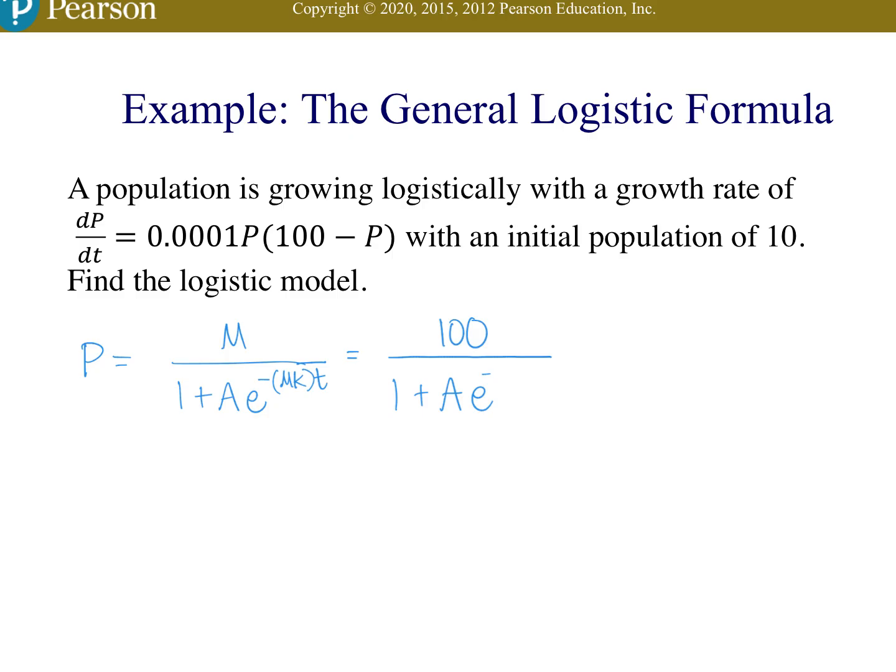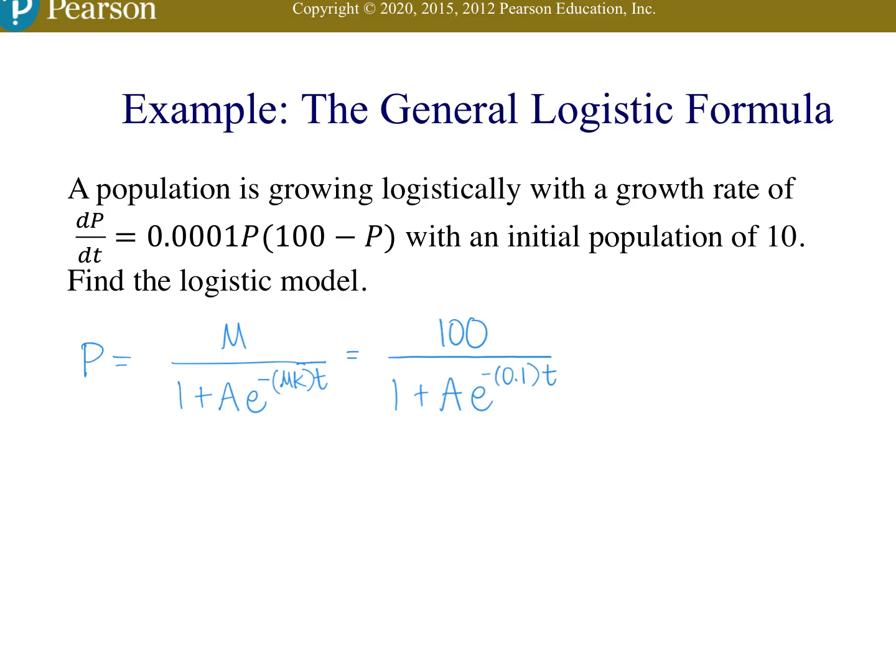So right now M is 100 and K is 0.0001. So we would want those two things combined, which is going to be 0.1 and then T. So that is our model for the growth rate of this particular whatever, we don't know what a population is.